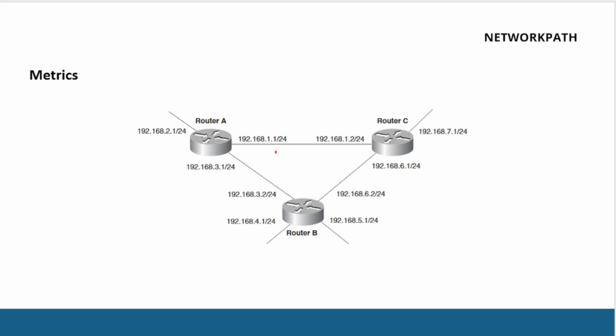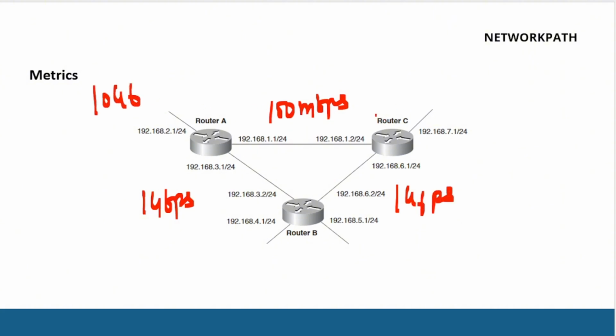But it is not a good metric because, let's say this is a 100 Mbps link and these two links are 1 Gbps links, and you want to transfer a 10 GB file. You can clearly see that the two hop path will take less time, because a 100 Mbps link will take a lot of time to send a 10 GB file, and 1 Gbps links will take drastically less time. So hop count is not that good a measure.